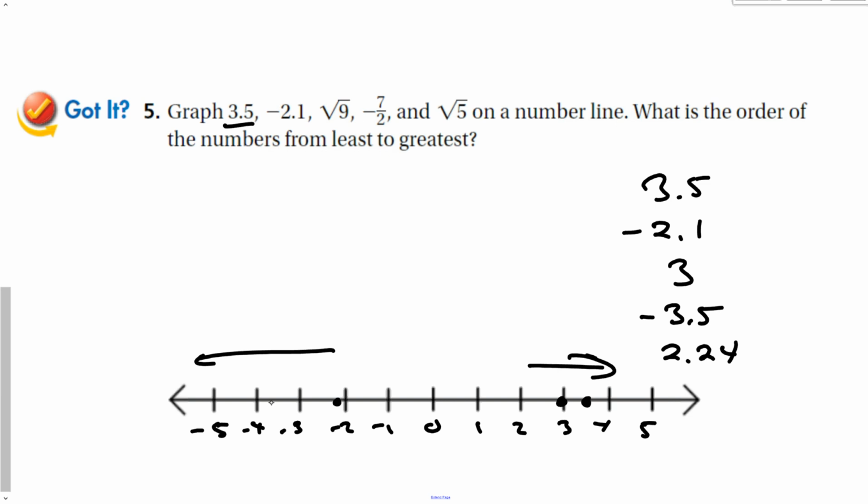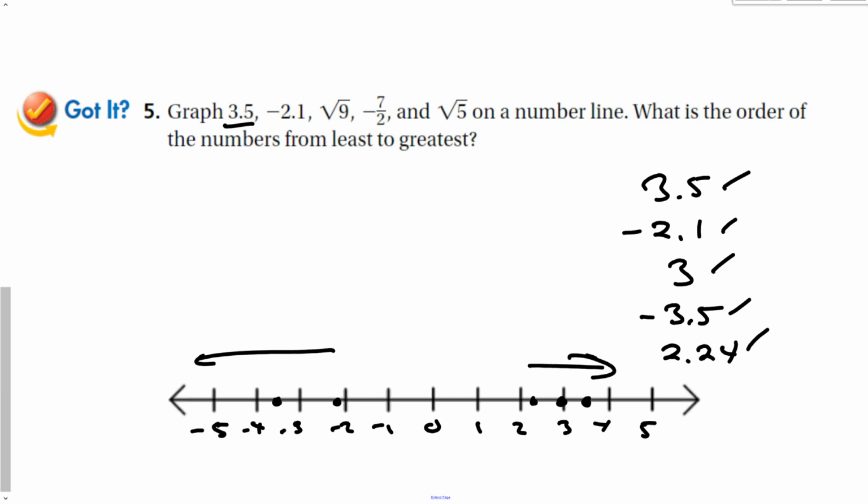Negative 3.5 is going to be halfway in between negative 3 and negative 4. And 2.24 is going to be right about there. And those are the numbers from least to greatest. So least would be this, then this one, then this one, this one, then this one.